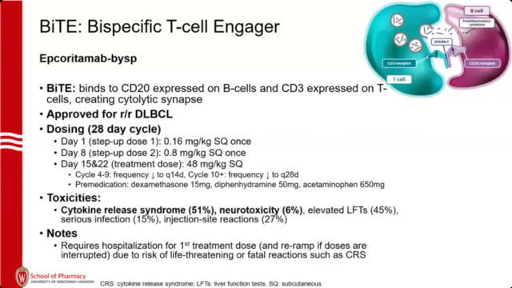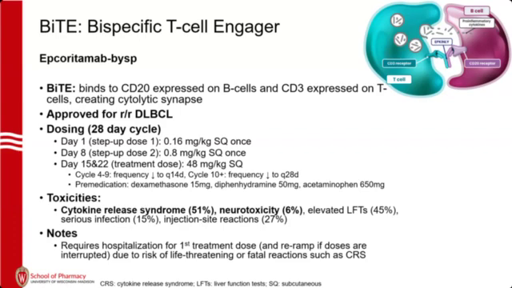Another one in that same vein is epcoritamab. Epcoritamab, again, another bispecific, again targeting CD20, so kind of a me-too sort of idea. The dosing is here on the slide, and this, of course, also requires hospitalization for the first treatment dose, as well as re-ramps.